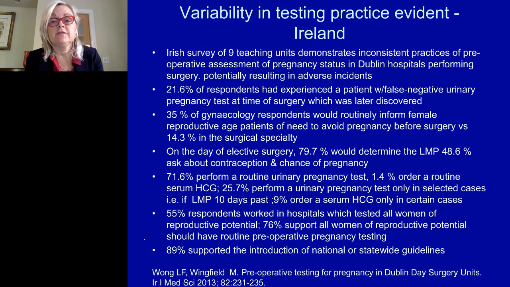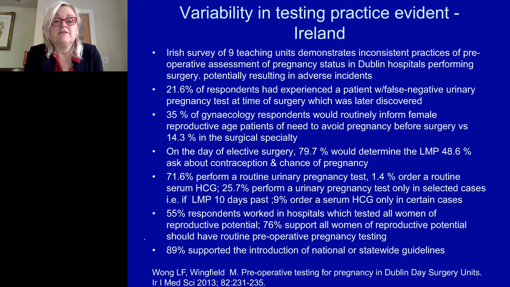On the day of elective surgery in the Irish study, about 80% determined the last menstrual period, and about half of them asked specifically about the chance of pregnancy and the contraception. 70% did a urine pregnancy test, and only 1% ordered a serum HCG.